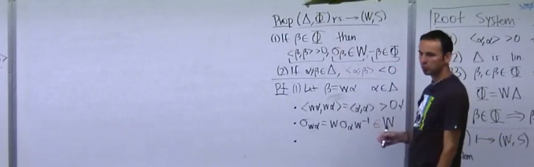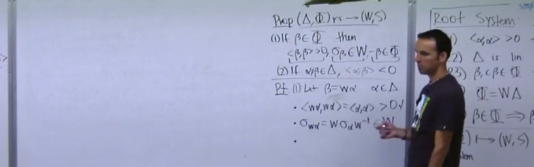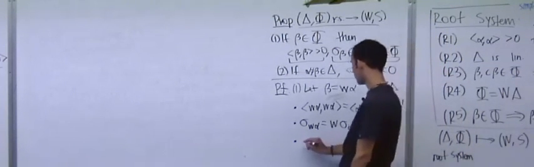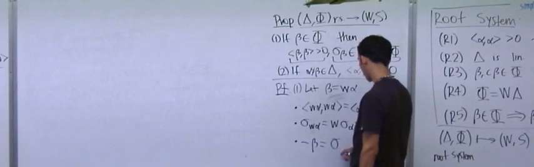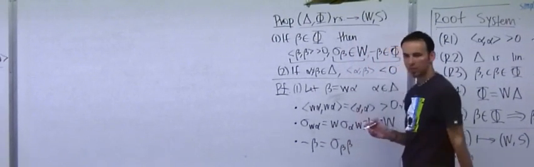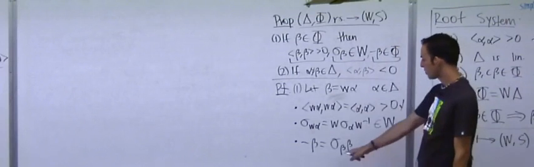And finally, I have to prove that minus beta is a root. But with what I have done, it's very easy, because I can say, well, minus beta is simply the reflection of beta with respect to beta. And I just proved that this is in the group.